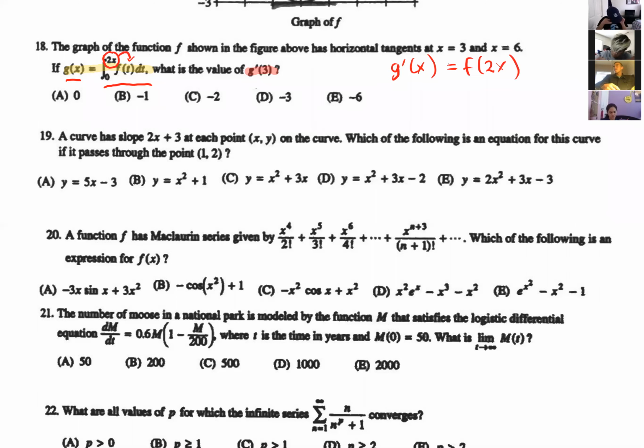So someone with their microphone on, tell me what's the derivative of 2x? 2. Times 2. Let's make sure we're staying with me. Thank you. Yeah, I know I can't see all of you at once. Sometimes I scroll down, but just make sure you're staying with us. Most of you have a camera.